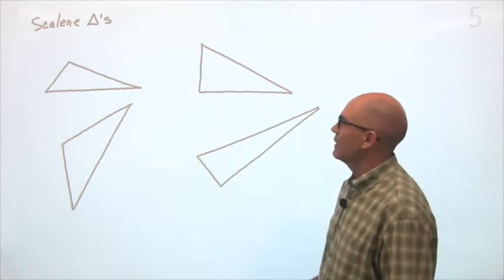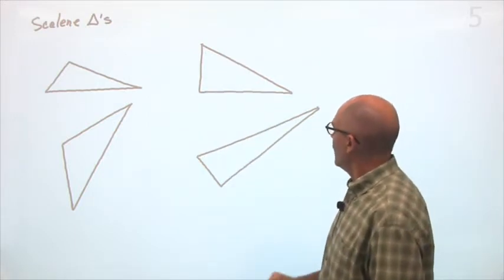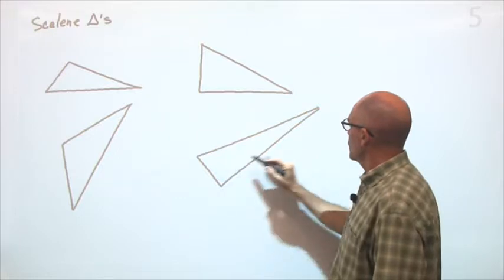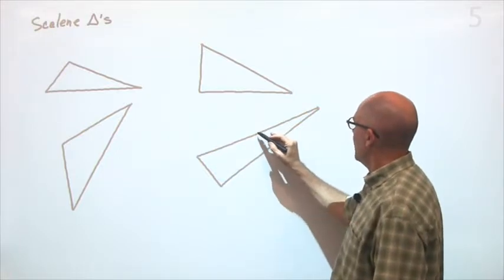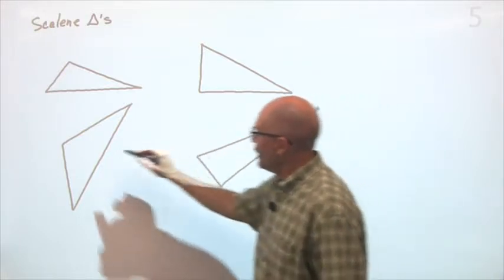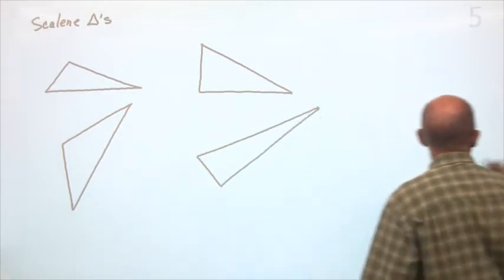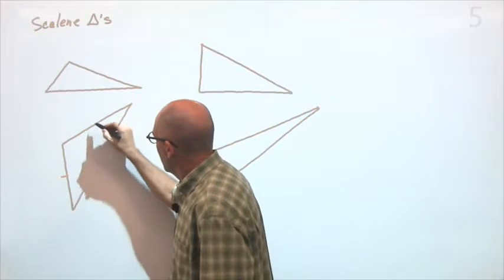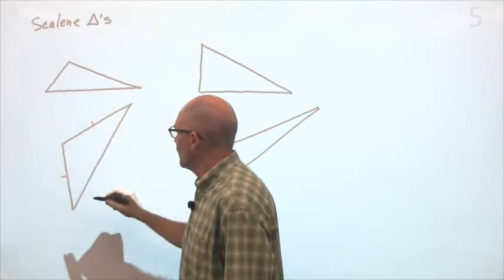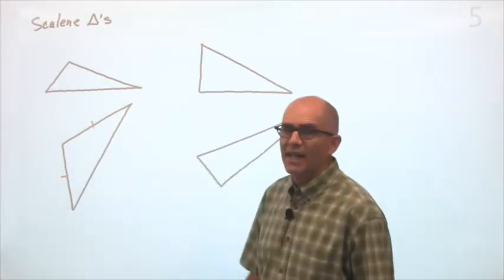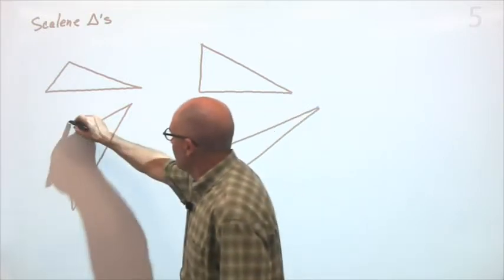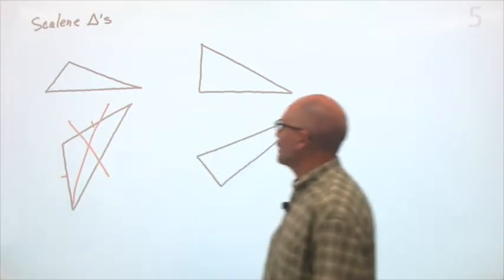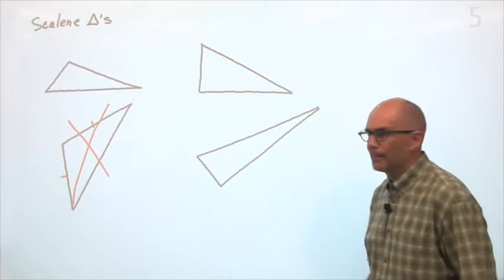So that's scalene. And here we have short, medium, and long. Now this one is the culprit. We have these two sides are congruent. So this is not a scalene triangle. So this one gets thrown out of the club.